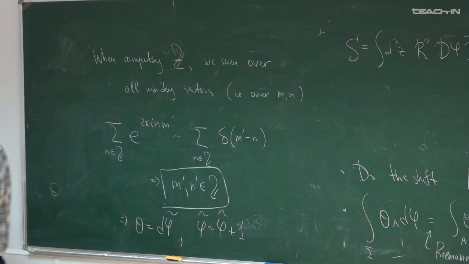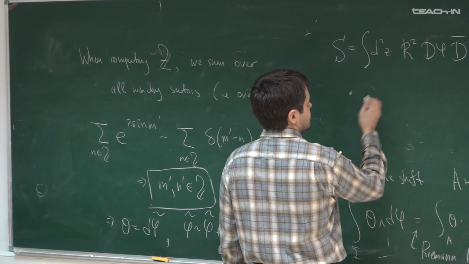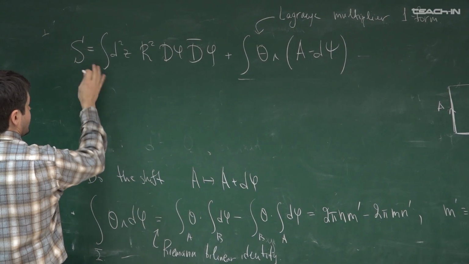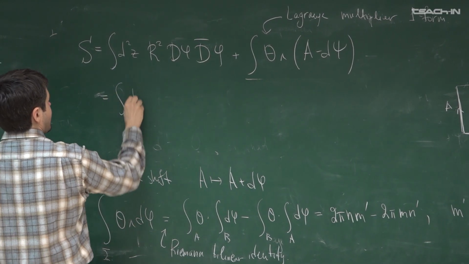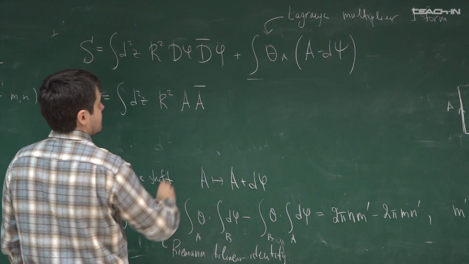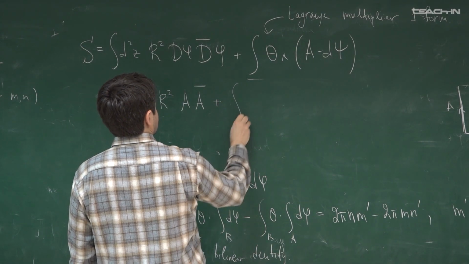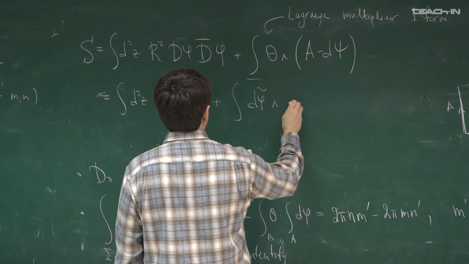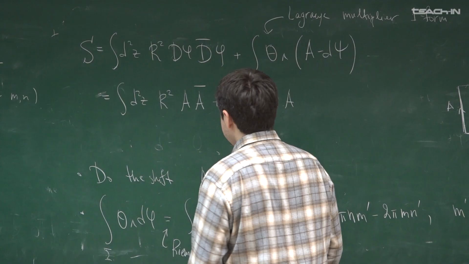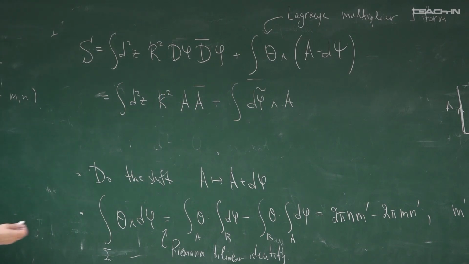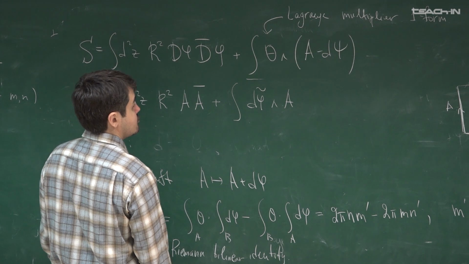Okay, and then the final step is we solve for A. So solve the equations for A. So our action becomes this, just A bar plus the integral of d phi tilde wedge A. So we can now eliminate A from the equations.